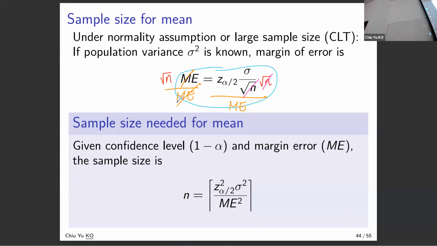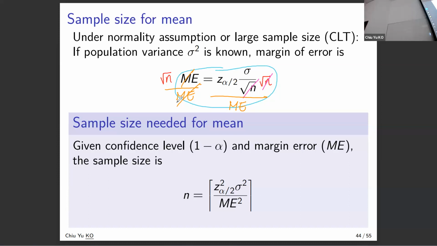Then that's the answer, okay? What is only a little bit tricky is what we call the ceiling function. The reason is the sample size is usually an integer. So if you get 14.1, then you take 15, right? If you get 19.5, you take 20, right? Just the smallest integer that is bigger than this number, okay?